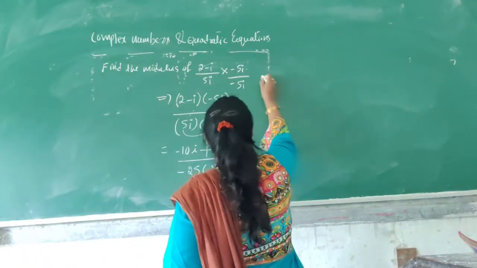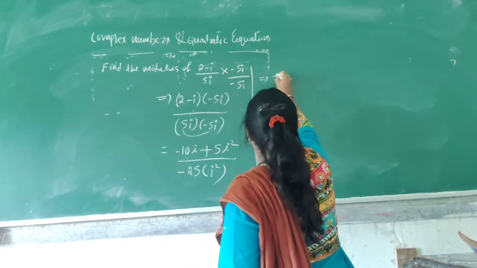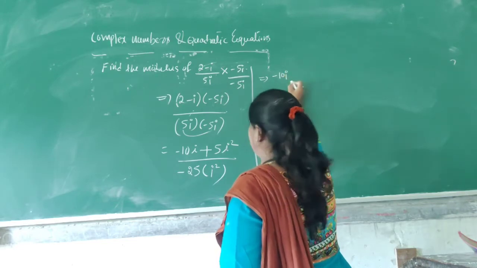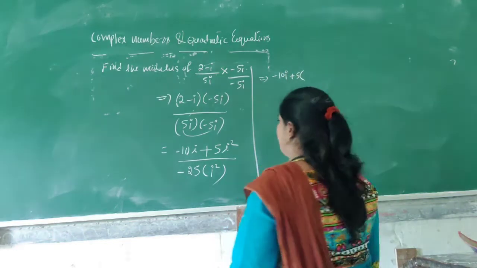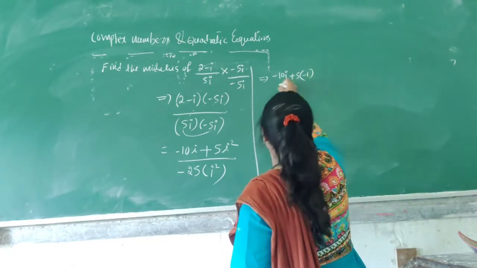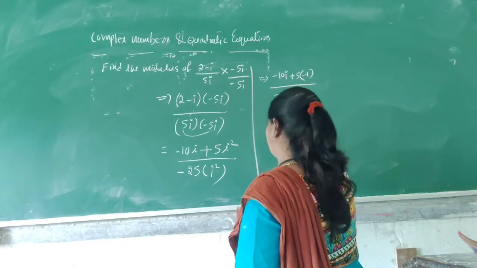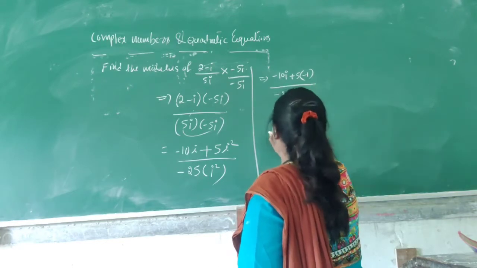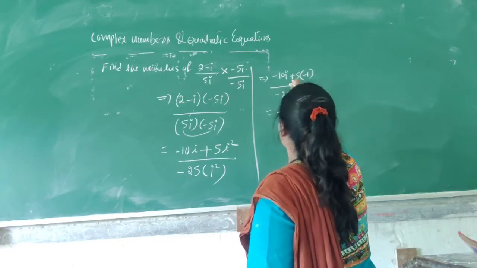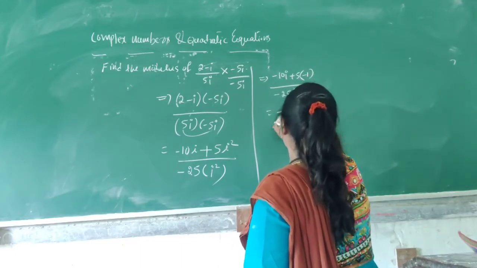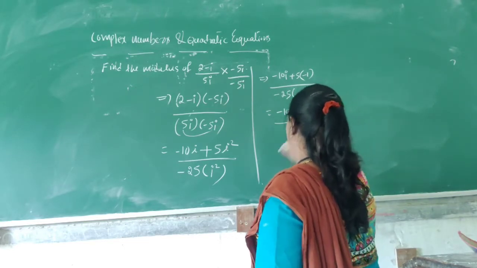After this, minus 10i plus 5 i square. What is the i square value? i square is equal to minus 1, divided by minus 25 i square, which is also minus 1. So minus 10i plus into minus 5, divided by minus into minus plus, which is equal to 25.